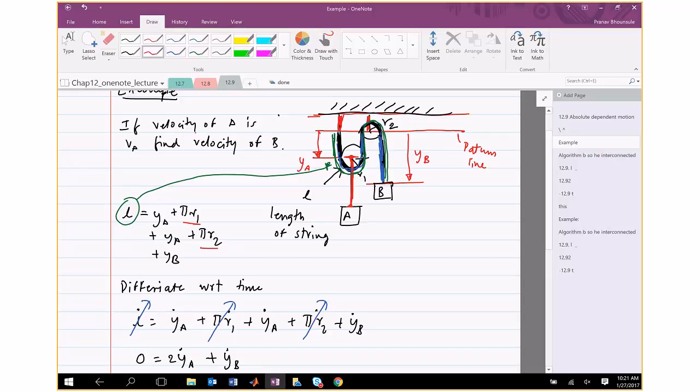So in future, I'll say L is YA plus YB, and I will not even add pi R1 plus pi R2, because that doesn't change with time. It's assumed that you figured that out and you don't have to write it down. All I'm looking for is writing L equals, so a perfectly fine way to write this would be L equals YA plus YB, absolutely fine.